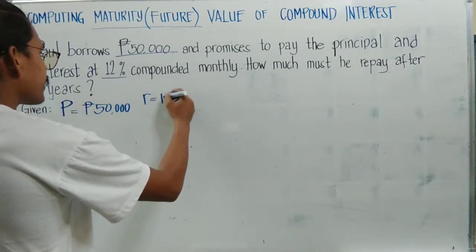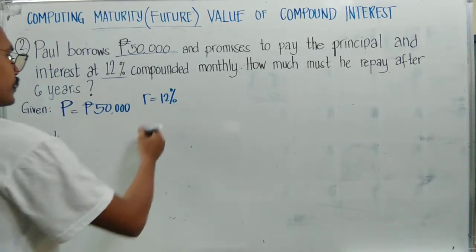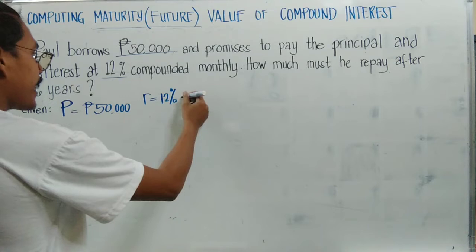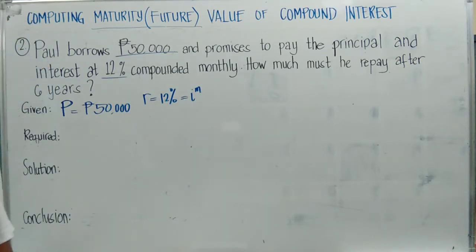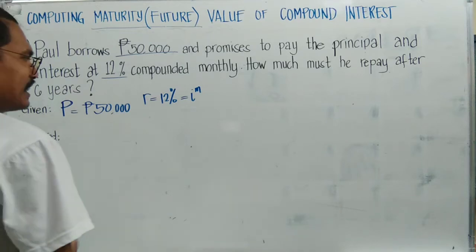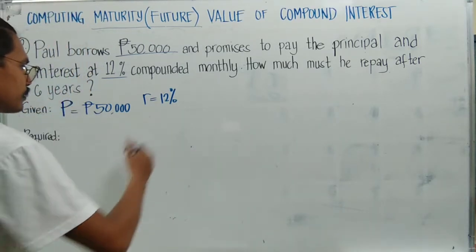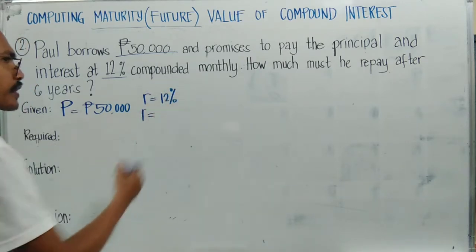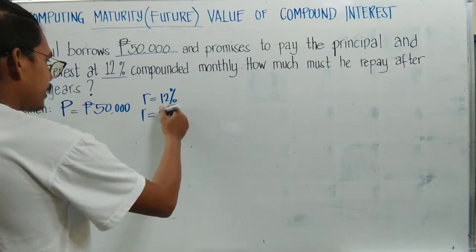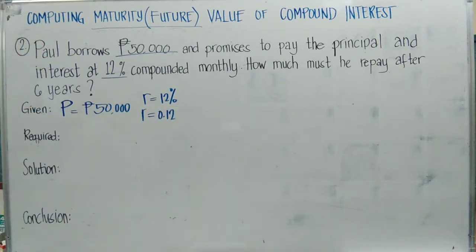That will be your rate. Or in some books, again, it is denoted by I raised to M. But in my case, I will denote it as R to avoid confusion. So R is equal to, converting 12% into decimal, just divided by 100 and it will give you 0.12.